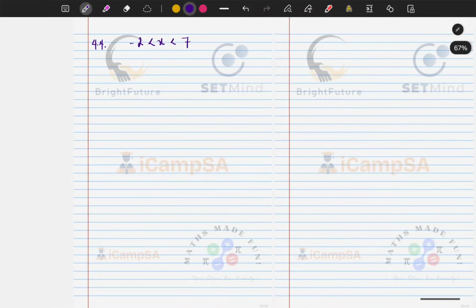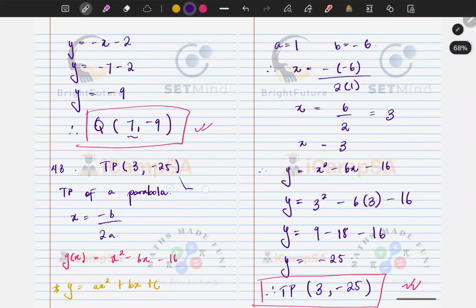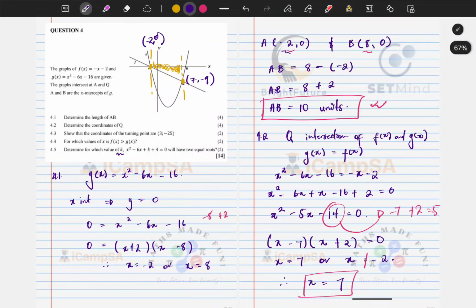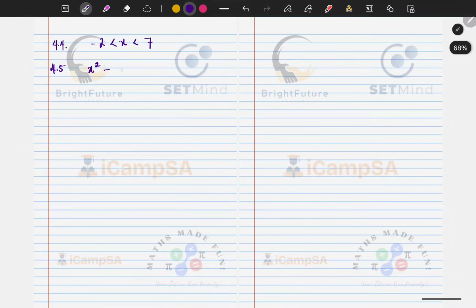So let's just write this equation: x squared minus 6x plus k plus 4 equals 0.